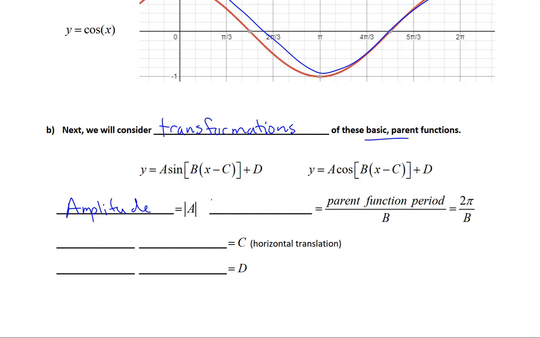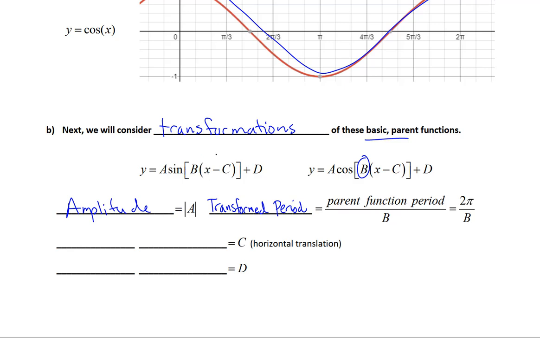And then there's also something called the transformed period, which is equal to the parent function period divided by B. So note carefully, B is one of the letters in our transformation formula.